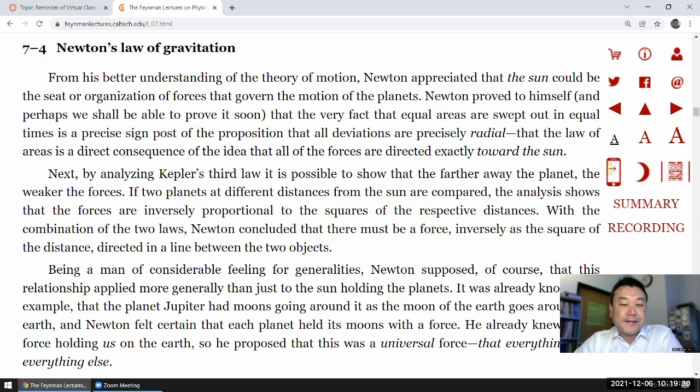That the very fact that equal areas are swept out in equal times is a precise signpost of the proposition that all deviations are precisely radial. That the law of areas is a direct consequence of the idea that all of the forces are directed exactly toward the sun. Oh wait, that is actually something that relates to angular momentum and torque. So maybe you don't have to be so good at calculus to prove that. Keep going.